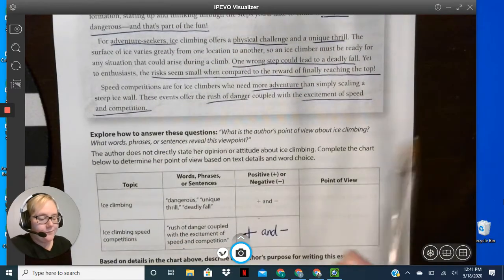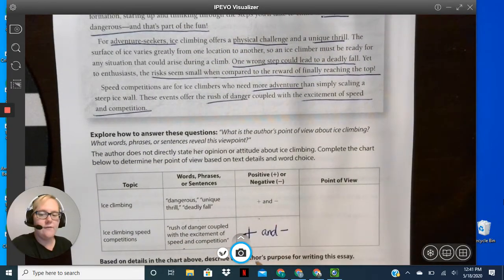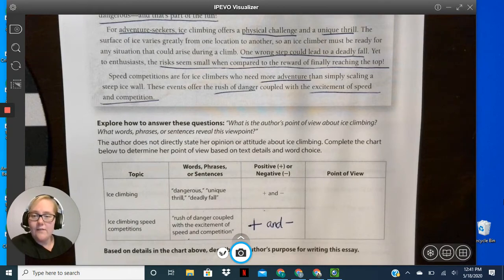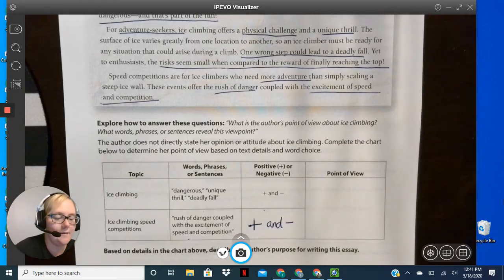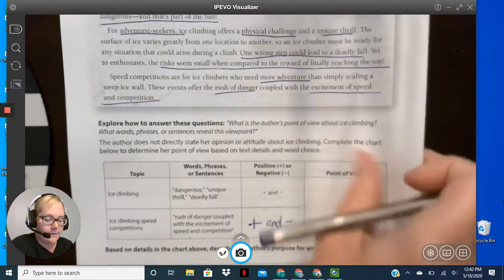So using all of this information, the positives and the negatives, and how she's using them together, I could kind of guess that she thinks that ice climbing is dangerous, but it's exciting. The danger is part of the excitement. Okay, it's the danger is what makes that sport exciting.